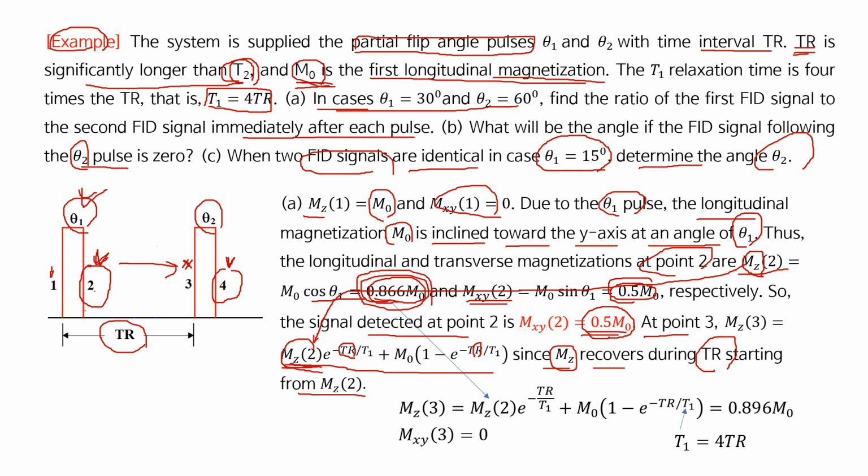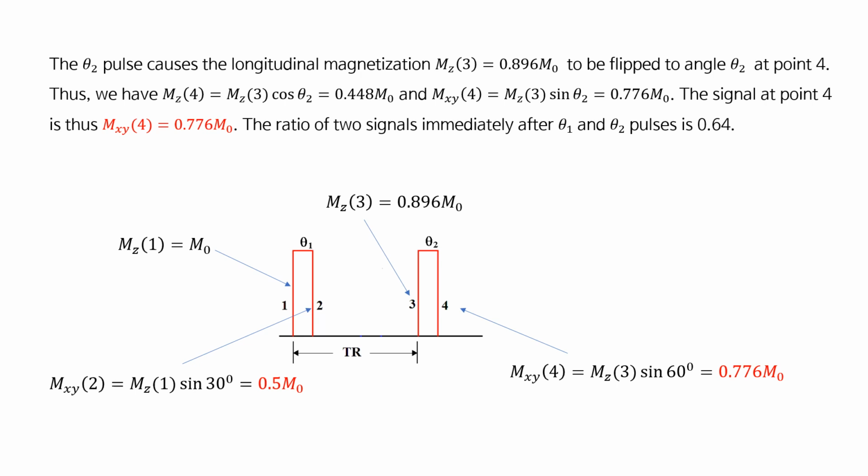And also T1 equals 4 TR. We get Mz3 here, this number. At this moment, there's no transverse magnetization. The theta 2 pulse causes the longitudinal magnetization Mz3 to be flipped by angle theta 2 at point 4.